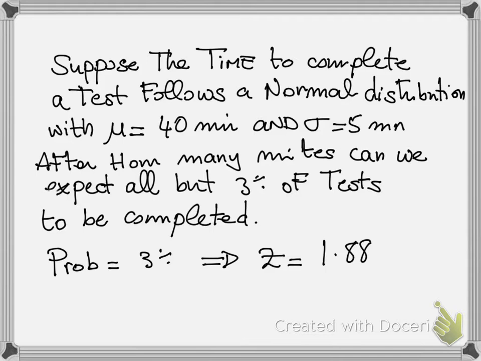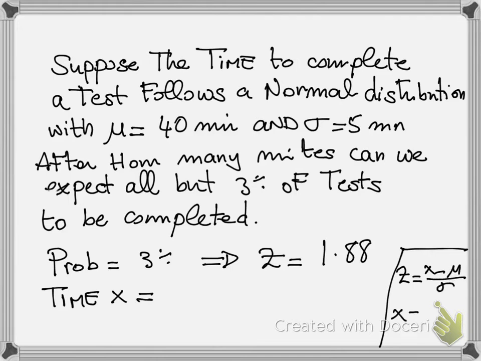Now, what's x in this case? What's the time x? Remember, guys, we have this formula: z is equal to x minus mu over sigma. Then x is equal to sigma z plus mu. This is called the raw score.